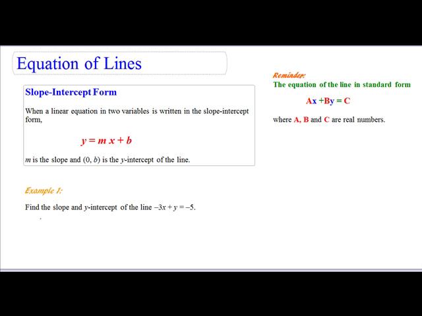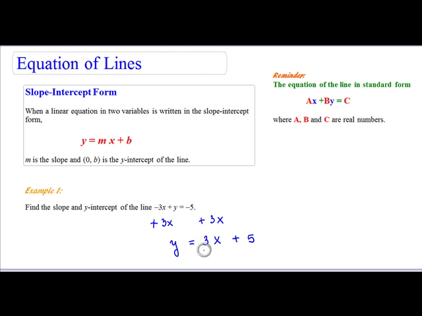We add 3x to both sides. I have y equal to 3x plus 5. This is the equation of the line in the slope-intercept form.